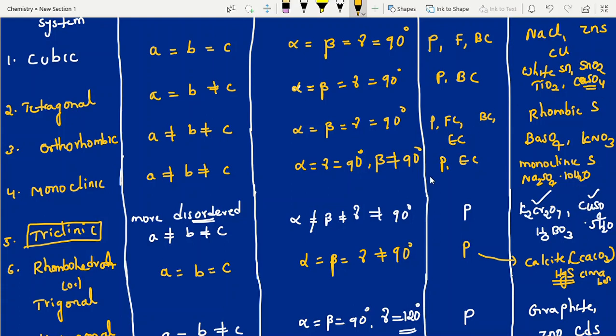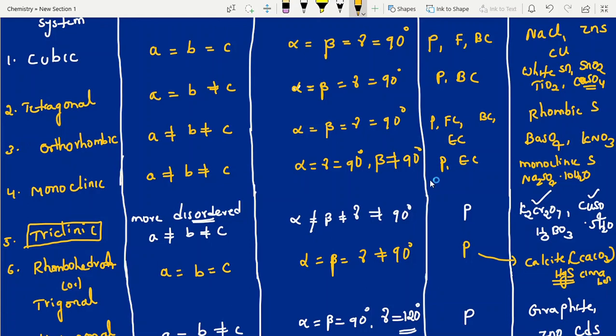Calcium sulfate is tetragonal. Okay, students, the ABC edge lengths and the alpha, beta, gamma angles both play an important role in competitive examinations. Starting to remember during examination time is difficult. Once you start working on this, definitely it is helpful for you.